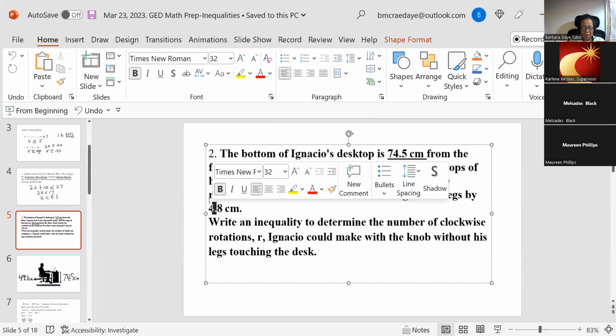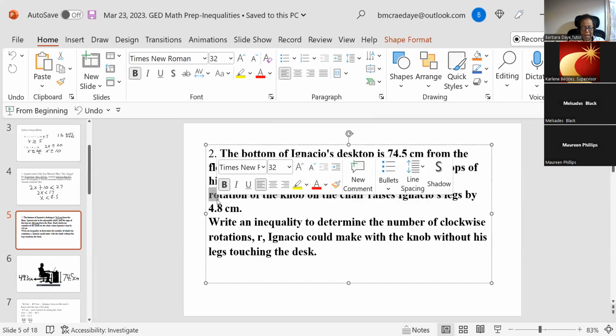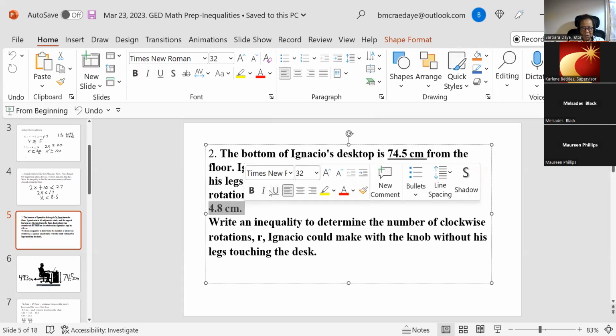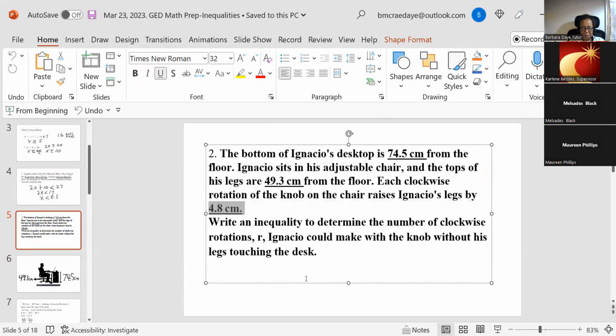So once you get that difference, divide that by 4.8. You got your steps? I got my steps. Okay. Now, what do you get when you subtract and then divide by 4.8? I get 5.25.